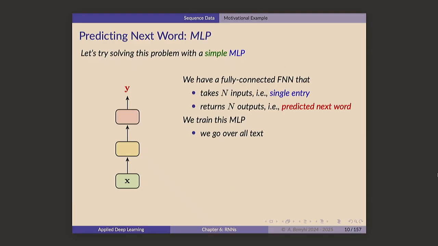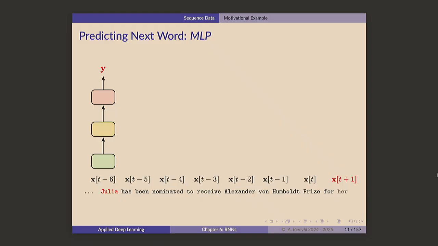Now what we want to do is take this, which you can think of as an MLP, and train it so that it is able to go over the text and tell us what the next word is. Let's try to do it with our sequence. This neural network is going to take the first entry inside the sequence as the input.